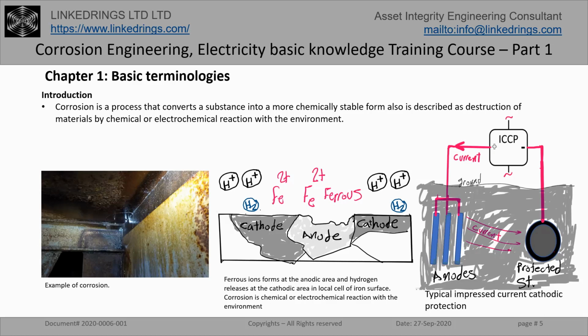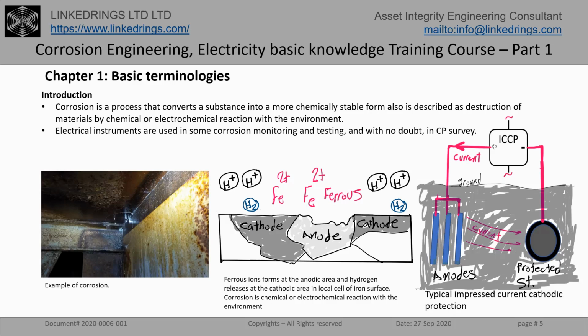Typically the protected structure will be connected to the negative side of the rectifier, and the anodes will be connected to the positive side of the rectifier. So as you can see here, while we are talking about corrosion, we are talking about ions.